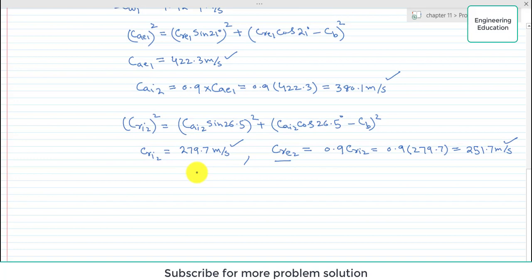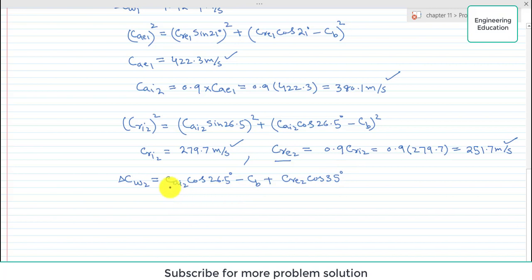Further, now we can write the value of delta CW2, and it is equal to CAI2 cos of 26.5 degree minus CB plus CRE2 cos of 35 degree.